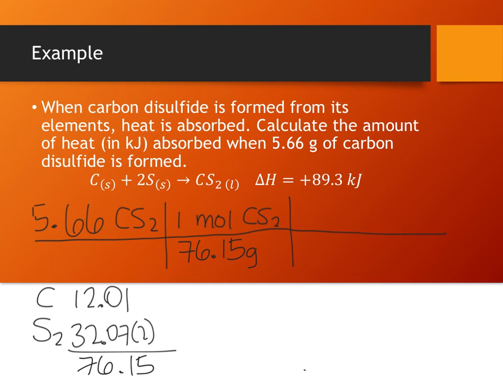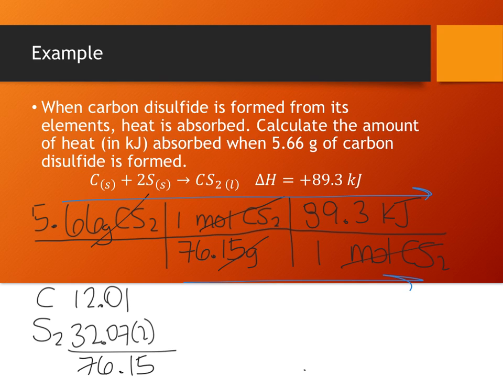All right, and then we also know that we are going to be using 89.3 kilojoules for every 1 mole of CS2. So that means our grams will cancel out, our moles will cancel out, we'll be left with kilojoules. So multiply the top, multiply the bottom, you'll get your final answer.